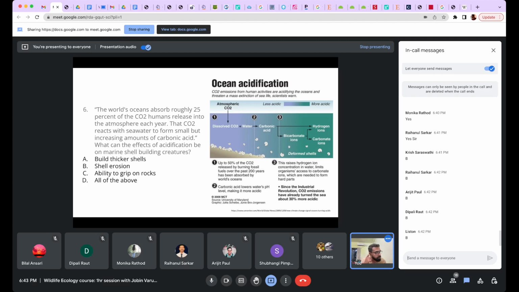Dissolved carbon dioxide eventually forms carbonic acid in the water, which has the effect of reducing the pH of the water. So basically that would increase the acidity as the figure says.